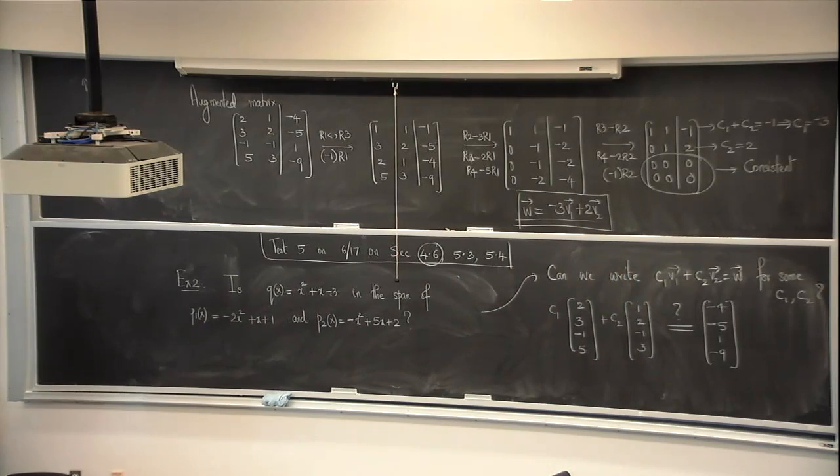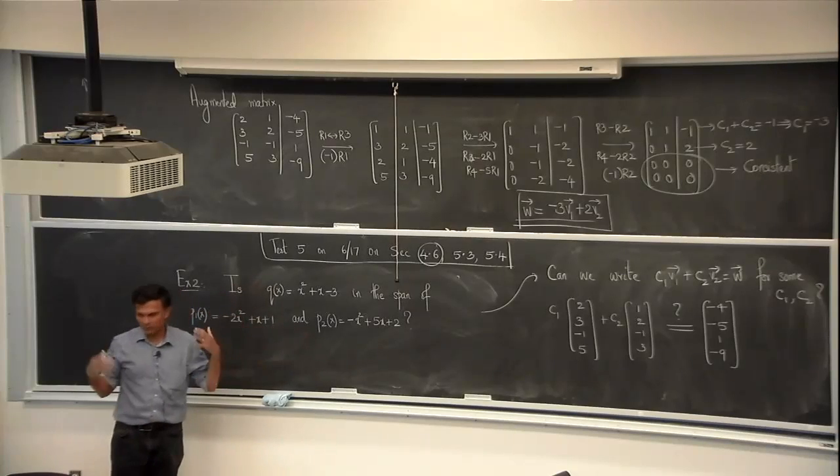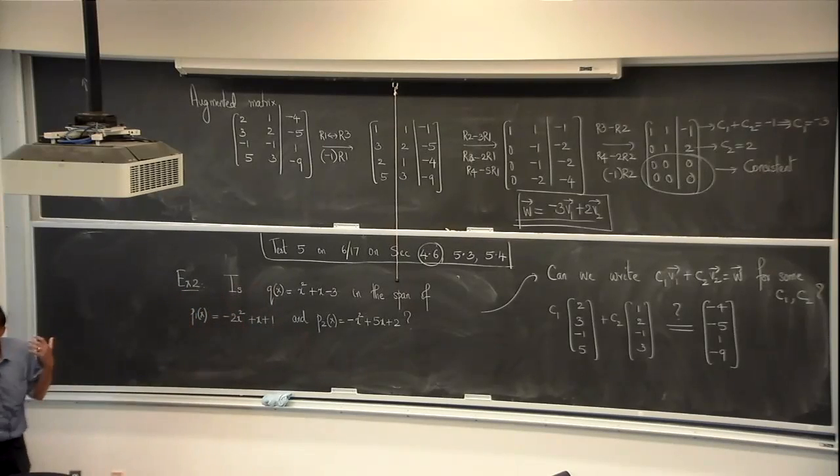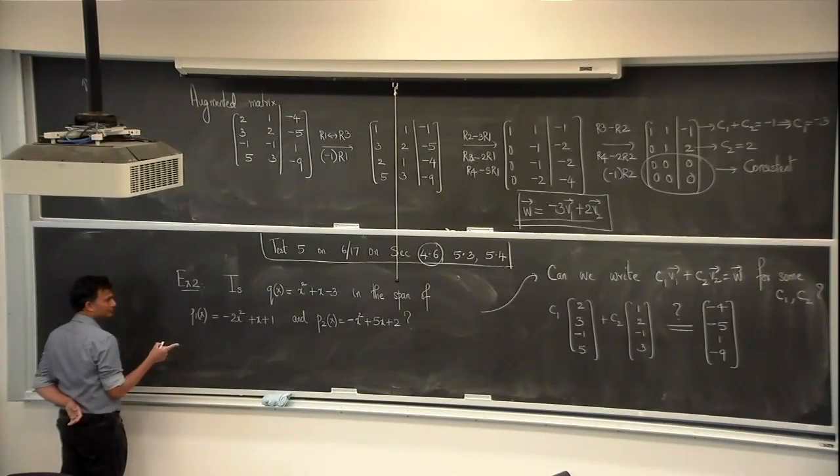Now, can somebody help me formulate this question? What does it mean when it says is this in the span of these two? In layman's terms, what is it asking? Yeah, I think it would mean C1 P1 of x plus C2 P2 of x equal Q of x.